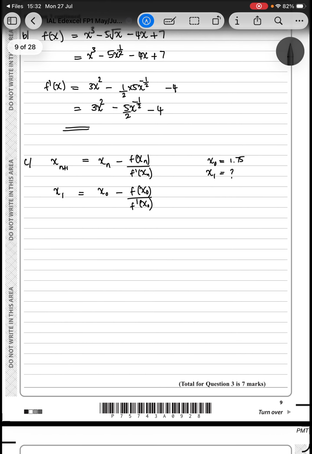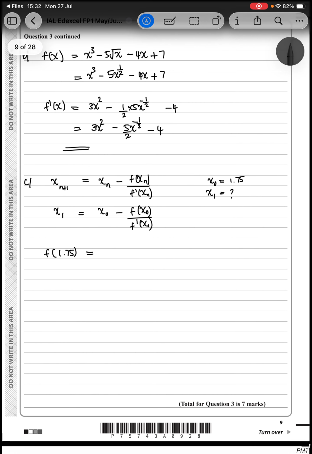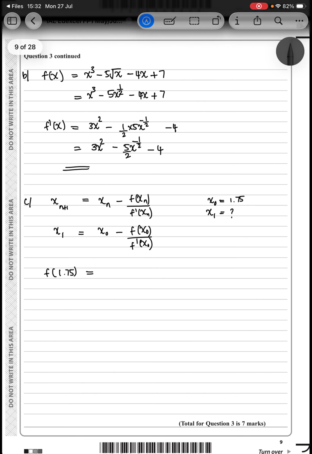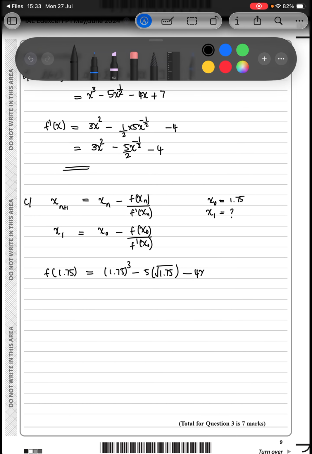So let's find f of 1.75. We haven't found this value before, so we'll have to do the calculation. Right, so which is equal to 1.75 cubed minus 5 into square root of 1.75 minus 4 times 1.75 plus 7.